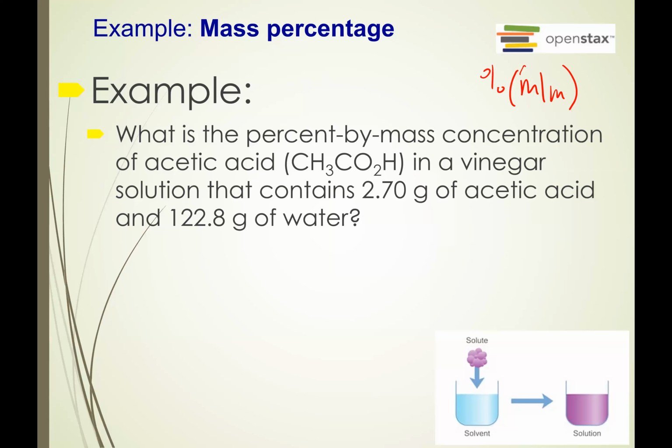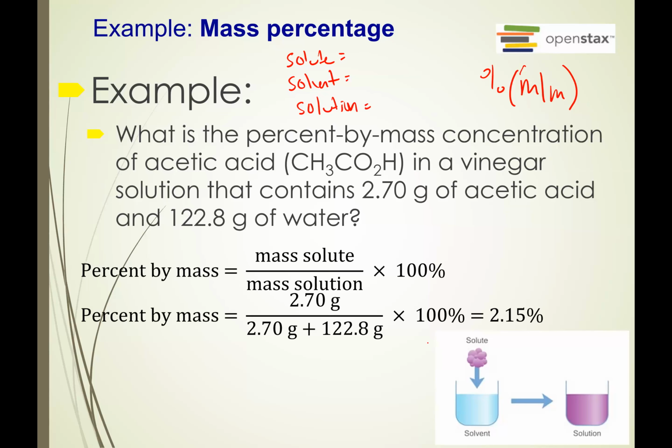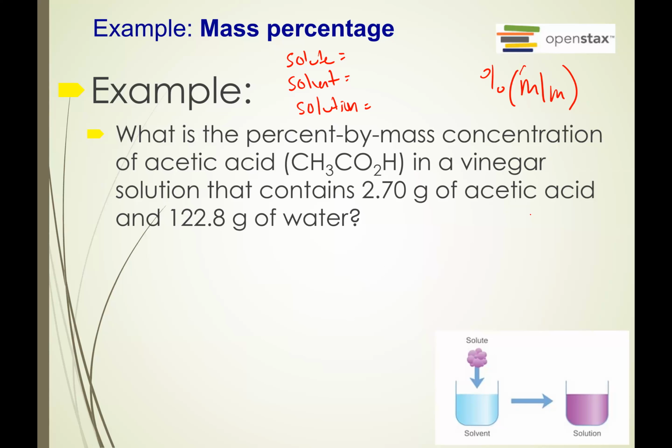When you see percent mass problems, the most important thing that we need to do is identify what is the solute, what is the solvent, and what is the solution. Because it's a little bit different sometimes. Remember, I'm going to put the formula on here so we can do it.